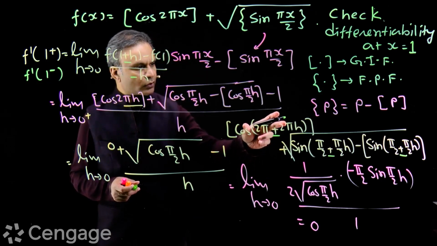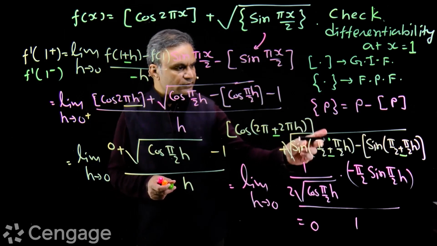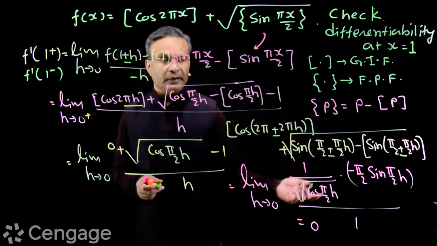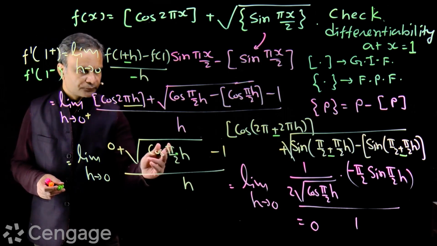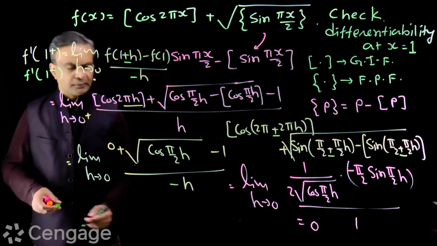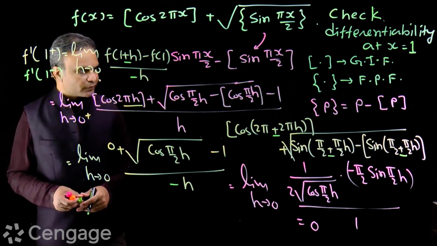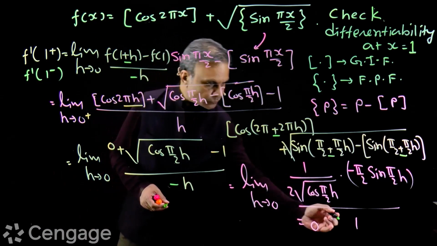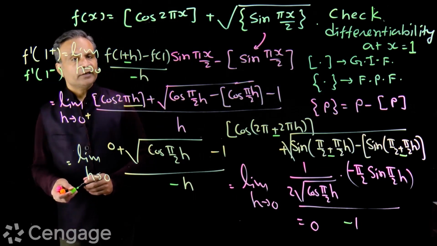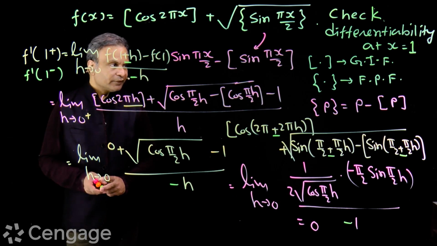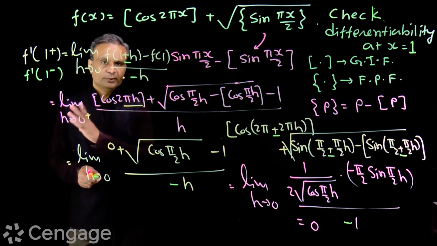Again this is cos 2πh, and this is cos(πh/2). This over minus h, and then we will use L'Hopital's rule. We will get this over minus 1. Again the limiting value will be 0. So the left hand derivative is also 0. The left hand derivative is equal to the right hand derivative. So the function is differentiable at x = 1.